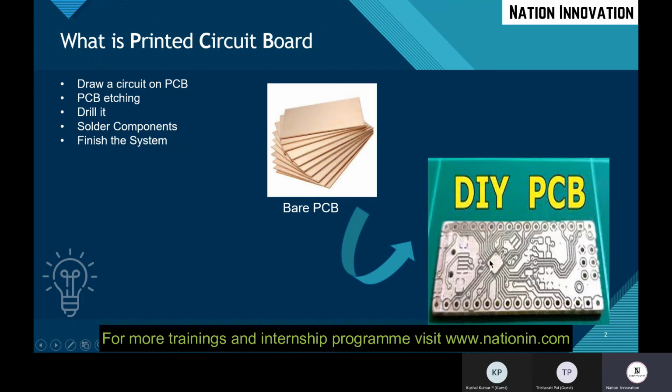On that, they used to place the components, and they used to solder that using leads, and after finishing, these bare PCBs are converted into the manufactured PCBs. But nowadays we are all seeing the PCBs which are manufactured by industries. Barely we can see these handmade PCBs.